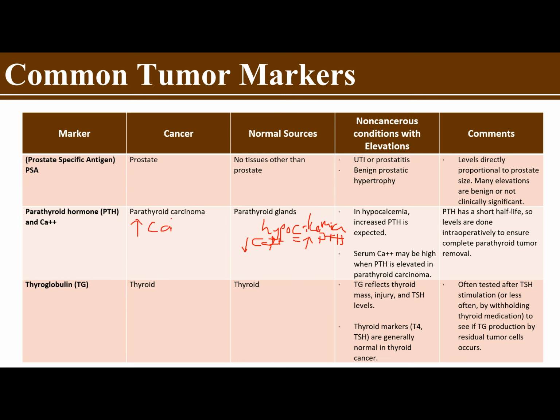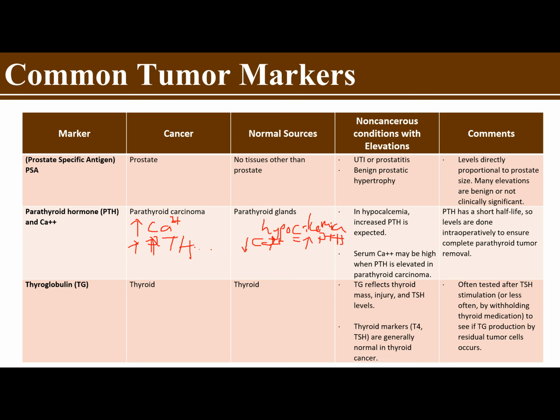Calcium is still increased, and along with that increased calcium, there would also be increased PTH. So instead of low calcium, you would have increased calcium here along with increased PTH. So just to clear, in conditions such as hypocalcemia, decreased calcium, increased PTH. But in parathyroid carcinoma, you both have increased calcium and increased PTH.